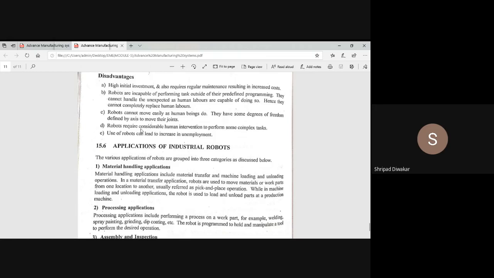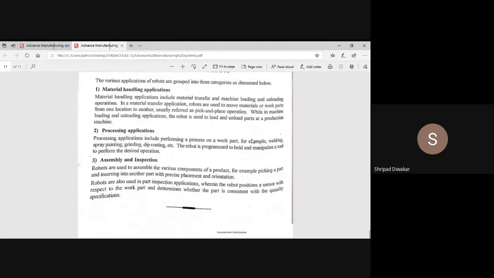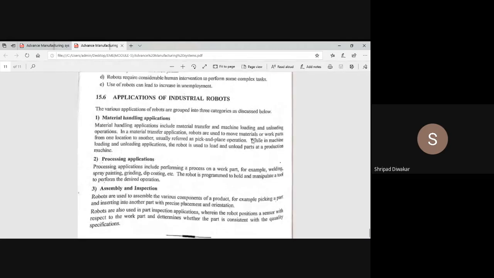This is the most important disadvantage. Suppose if you use robots everywhere, then there is no job for human beings. So this is all about the CNC control machine.